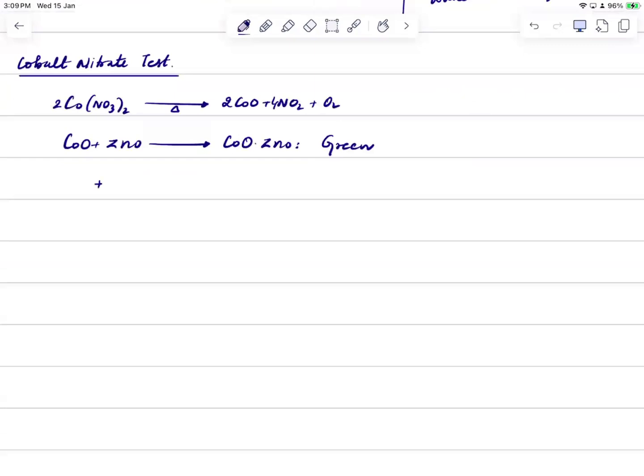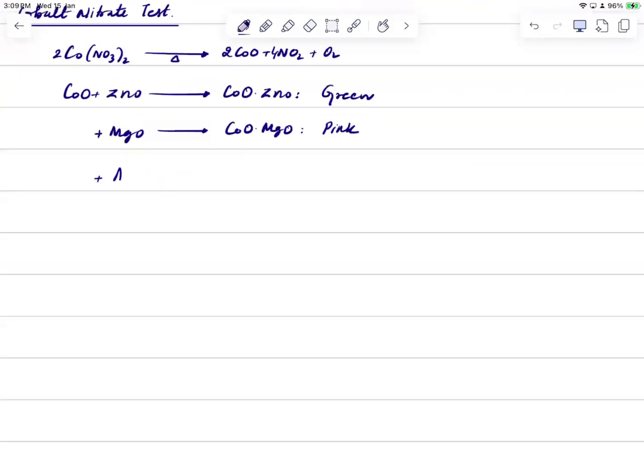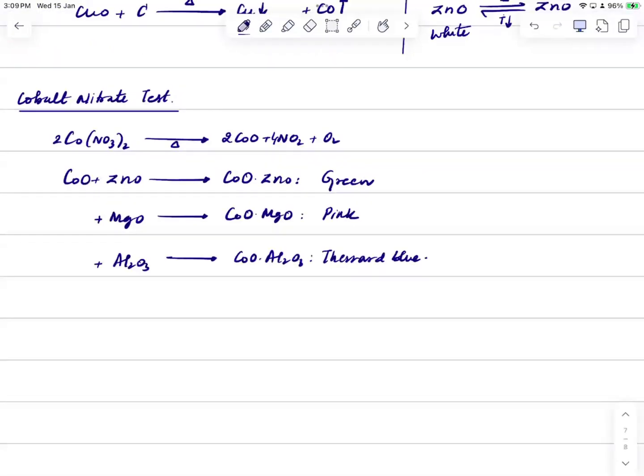If it is with MgO, then it is CoO.MgO, which is pink color. If it is Al2O3, it will be CoO.Al2O3, which is Thenard's blue color. Mainly these are used for zinc, magnesium, and aluminum. So just keep that in mind.